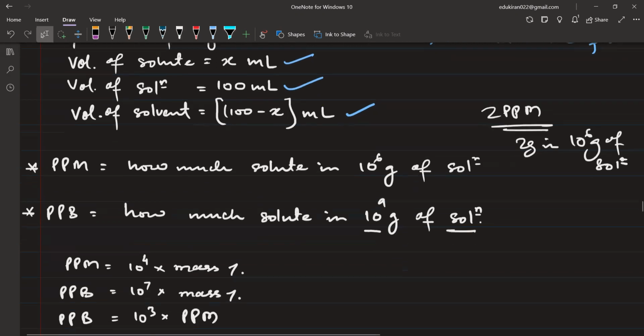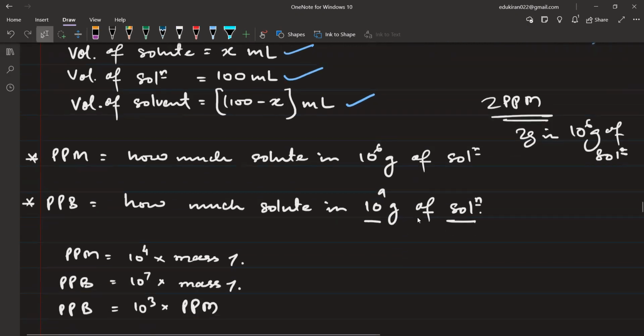Okay? Now ppm and mass percentage, ppb and mass percentage and ppb and ppm में क्या relationships है? So ppm is equal to 10 to the power 4 into mass percentage. Why? Because mass percentage में you have 100, है ना? That is why I have taken here 10 to the power 4.